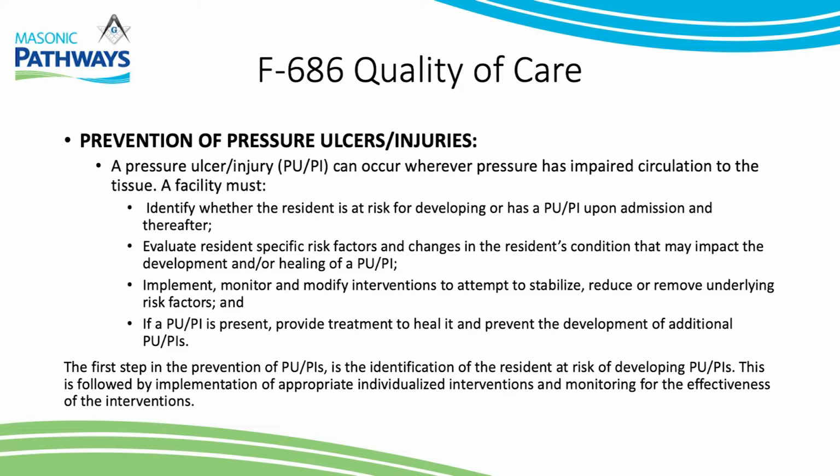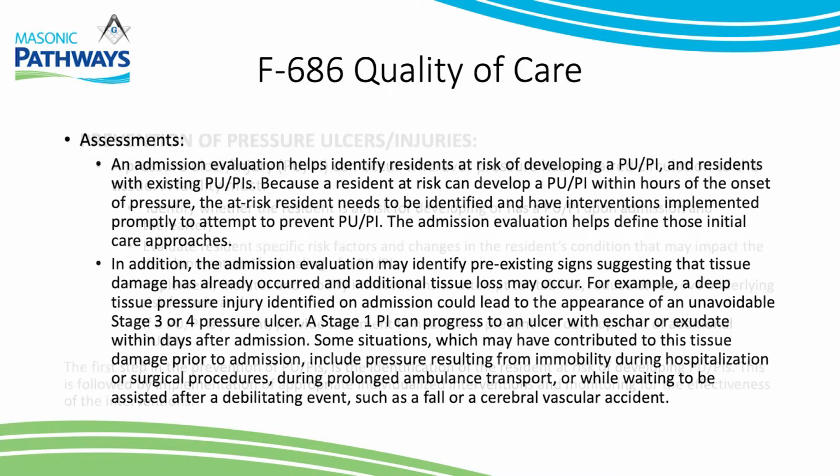The first step in prevention of pressure ulcers or pressure injuries is the identification of a resident at risk of developing. This is followed by implementation of appropriate individualized interventions and monitoring for the effectiveness of the interventions. Assessments.